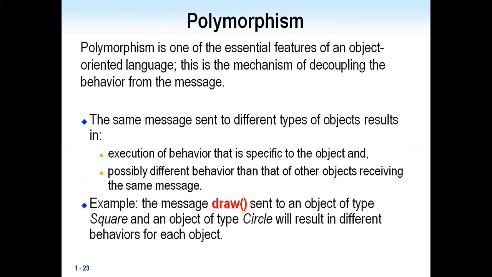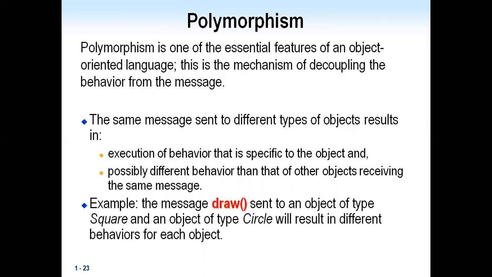Next, polymorphism. Polymorphism is one of the essential features of object-oriented languages. This mechanism decouples the behavior from the messages. The same message sent to different types of objects results in executing the behavior specified for those objects, and possibly different behavior when another object receives the same message.